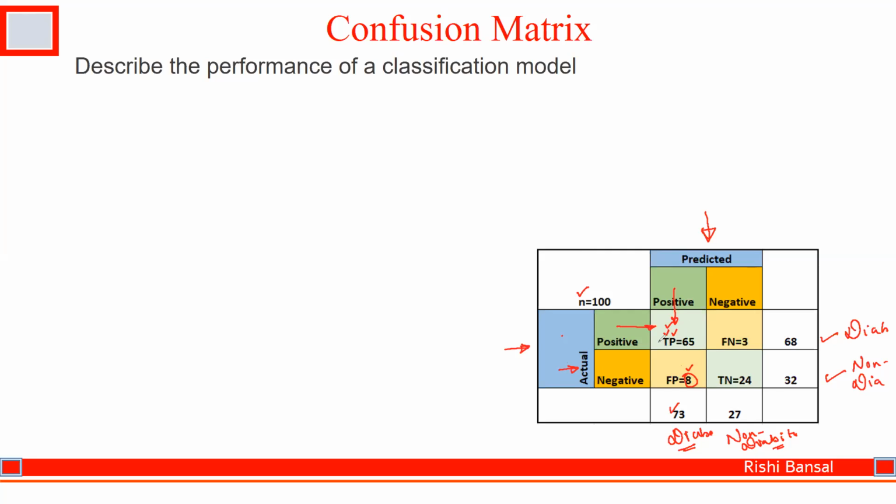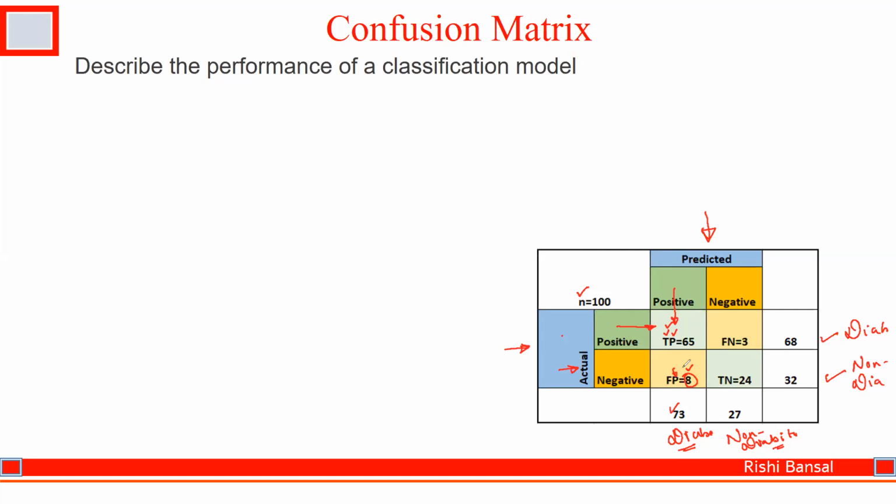See, in case of classification, this thing can happen, right? You predicted this person is diabetic, but actually that person may not be diabetic. That is the only thing that can go wrong: either it is yes or it is no. That is why it is false positive.